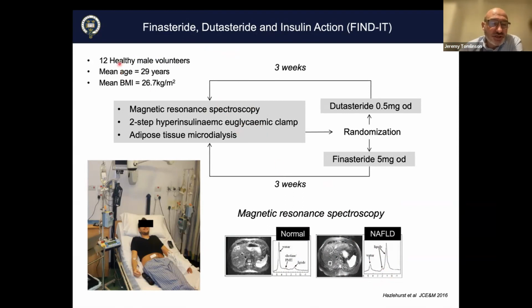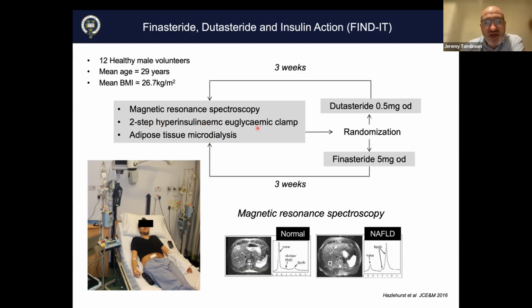So we took healthy male volunteers and did some baseline investigations. We did magnetic resonance spectroscopy to quantify fat in the liver. We then used clamp procedures, which most of you will be familiar with, but the idea is that you infuse insulin and try to counteract that insulin with glucose. The more glucose you have to infuse, the more sensitive your body is to the insulin, because you're trying to keep the blood glucose level perfectly flat.